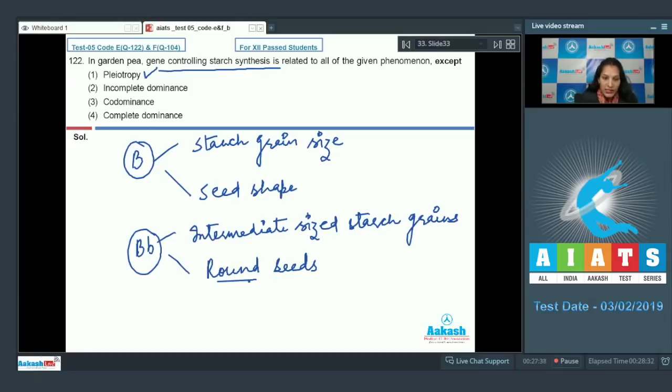It means this gene is incompletely dominant for the starch grain size. So this is also true, and completely dominant for the seed shape. So this is also true. This gene is not related to codominance. It does not show codominance. So the correct option for the given question is option number 3. Let's move to the next question.